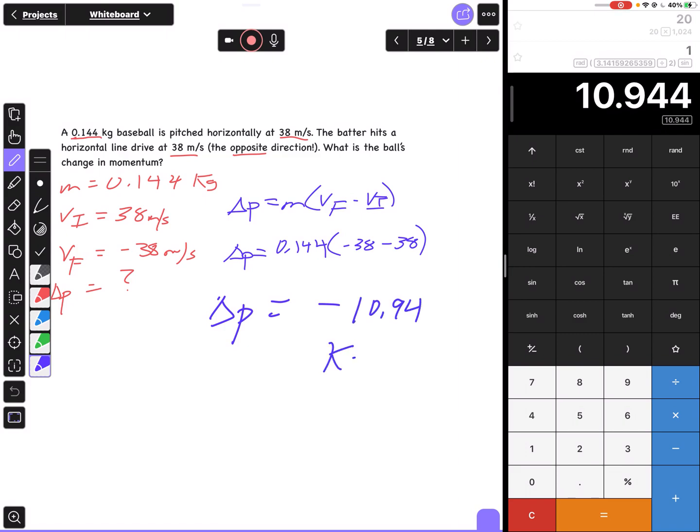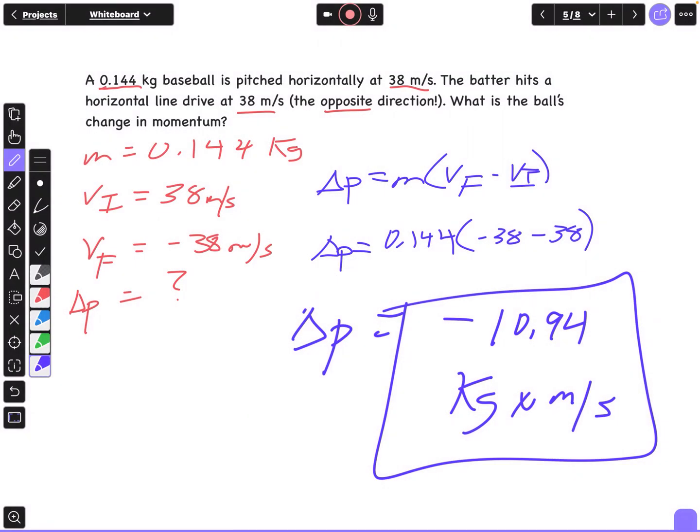My units would be kilograms times meters per second. That's how you'd solve a problem on the change in momentum. Be careful about the signs if something's in the opposite direction. Also, if it says something starts at rest, initial velocity will be 0. Something comes to a stop, the final velocity will be 0 in these types of problems.